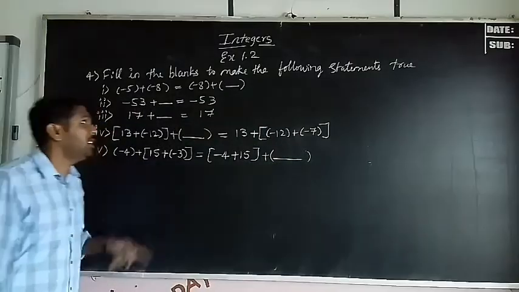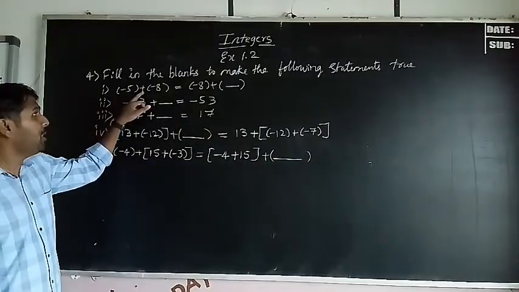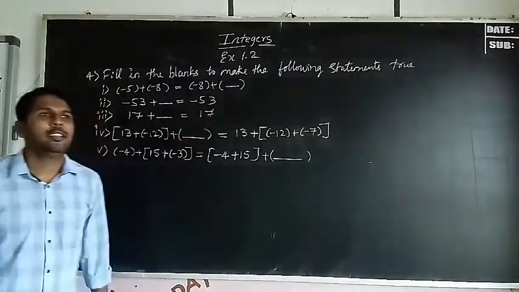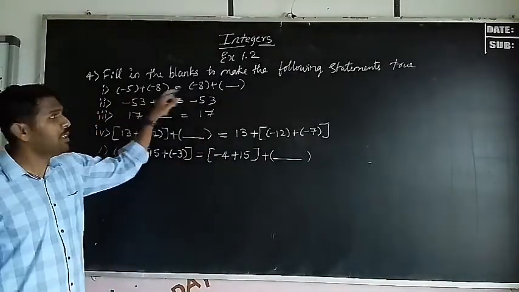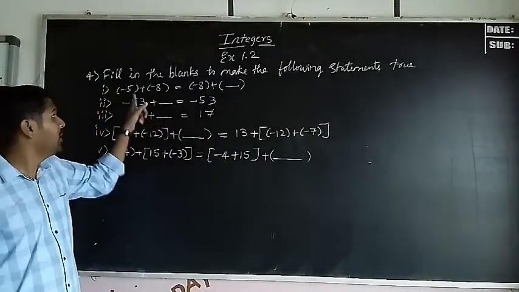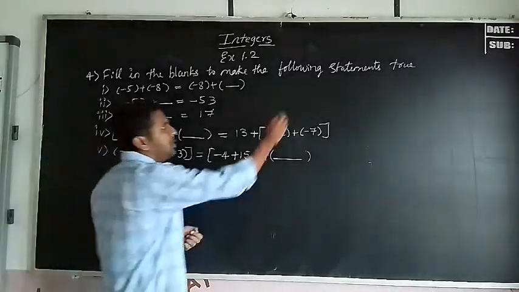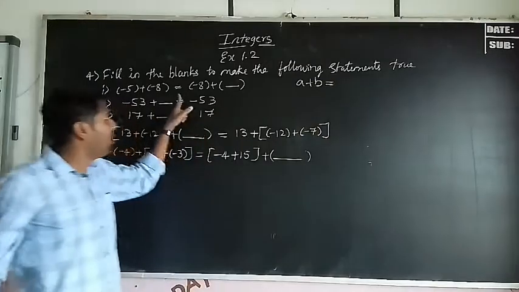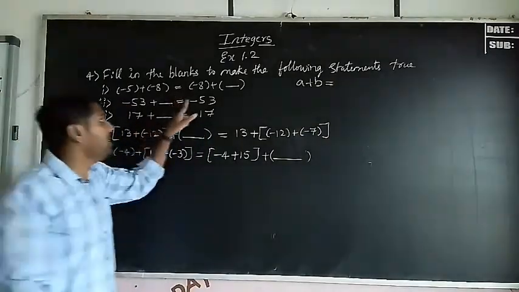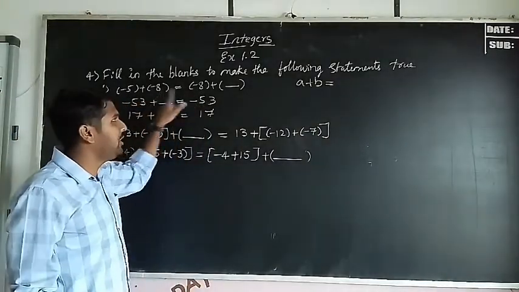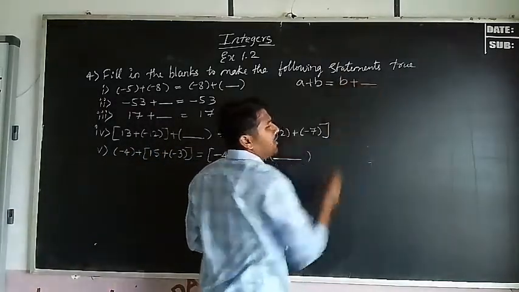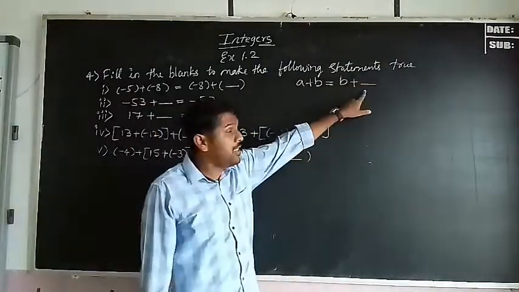So first the question is minus 5 plus bracket minus 8 equals minus 8 plus bracket. Now tell me which property this first one is. Here it is a plus b equals b plus a. So what comes here?